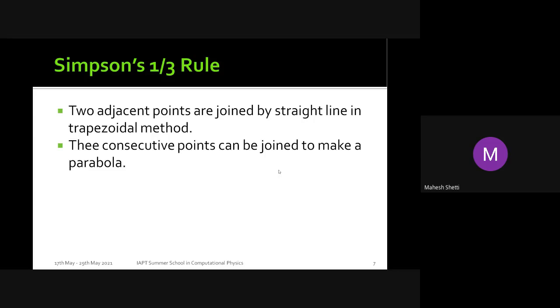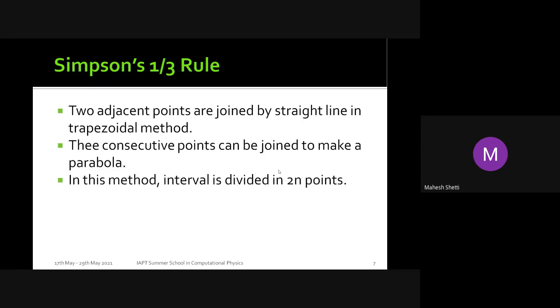Now we are not doing all these things in our situation. I'm just giving you the theory behind the Simpson's 1/3 rule. So you take 3 adjacent points, join them to make a parabola. That parabola curvature will take into account any area that you had missed or calculated extra.